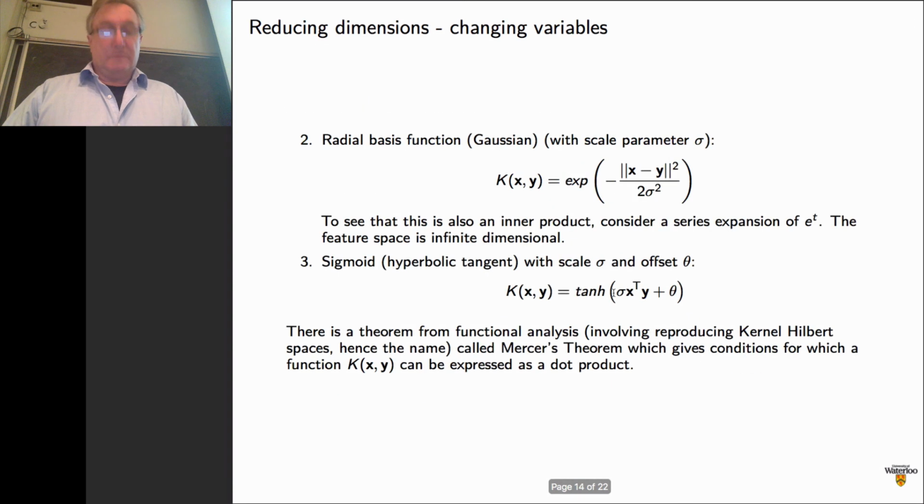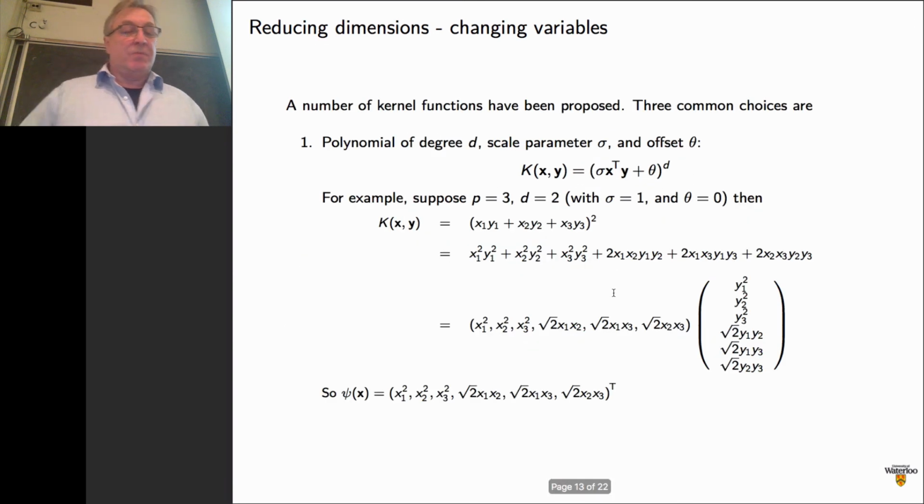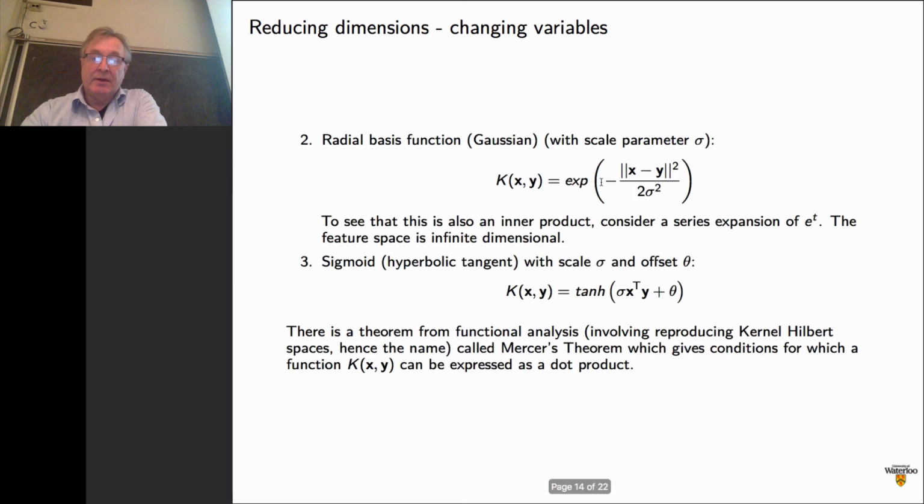And last day we talked about some simple polynomial kernels, where we're looking at the scale sigma times x transpose y raised to some power d, or a radial basis function or Gaussian function, here looking at the Gaussian density with scaling parameter sigma.